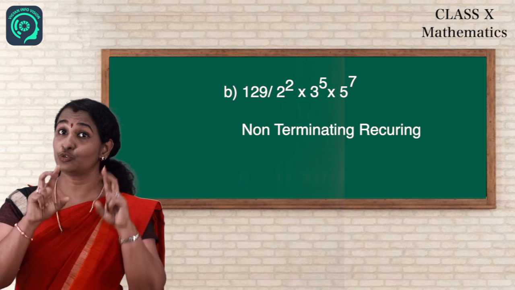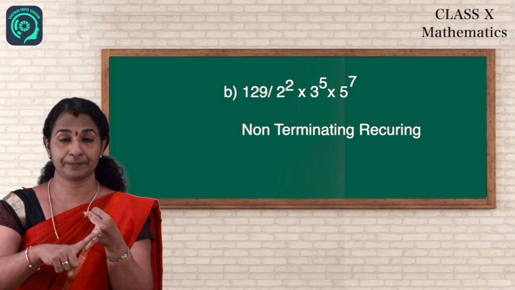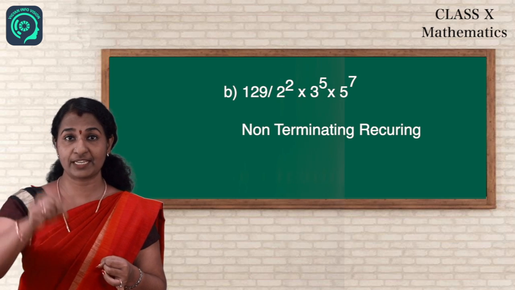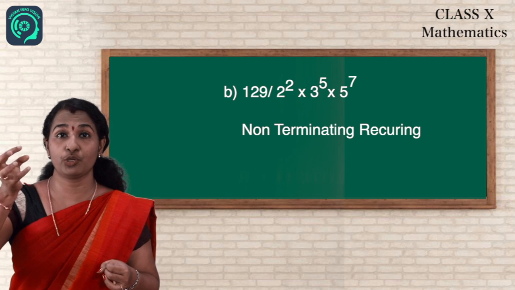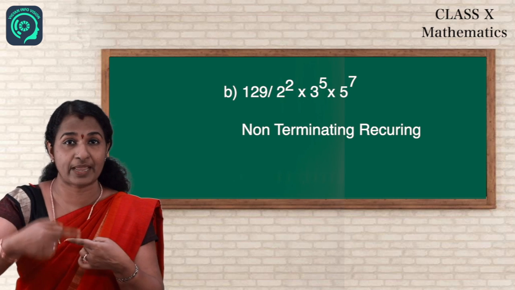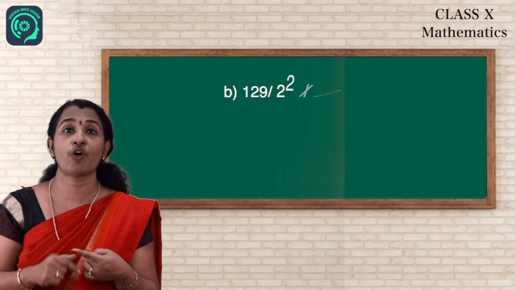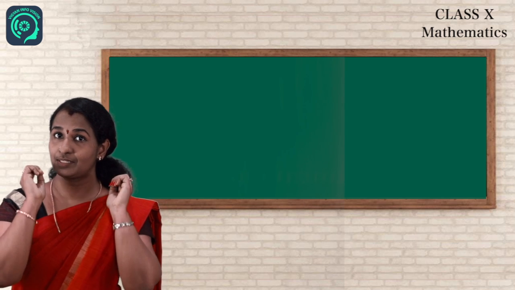So we have two types of decimal expansions, terminating and non-terminating. If we are taking the q of p by q and converting it in terms of prime factors, and if we get the form 2 raised to n into 5 raised to m, then the decimal expansion terminates.